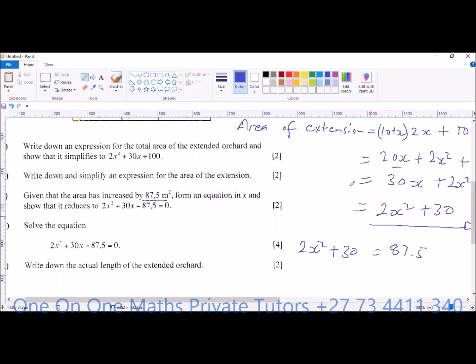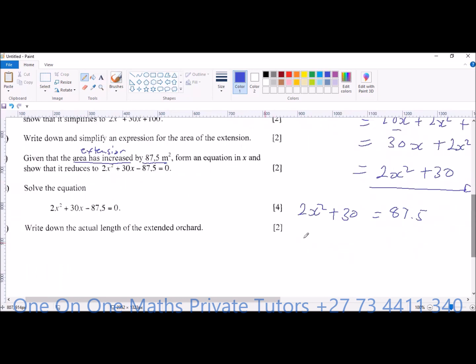All right, so given that the area is increased by, it means extension is equal to 87.5. So we can simplify it by just taking this to the left-hand side, changes sign when it jumps the equal sign. So 2x squared plus 30x minus 87.5 is equal to 0.